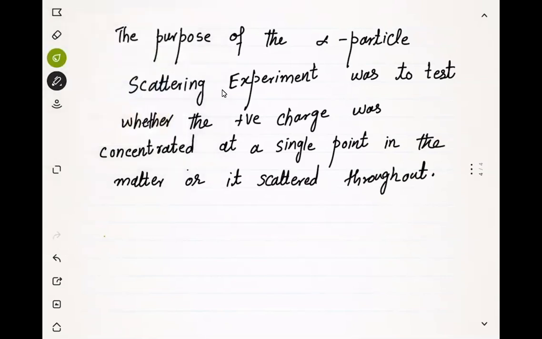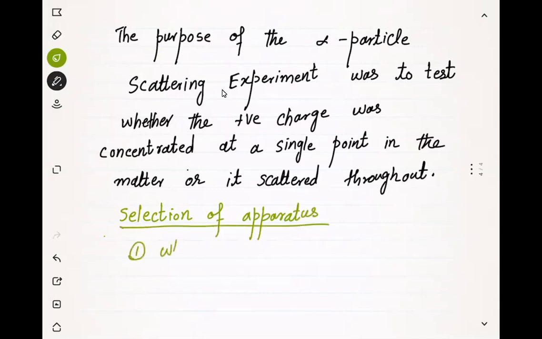Now, what was the plan? What was the selection of apparatus? First of all, why select a thin leaf of gold?